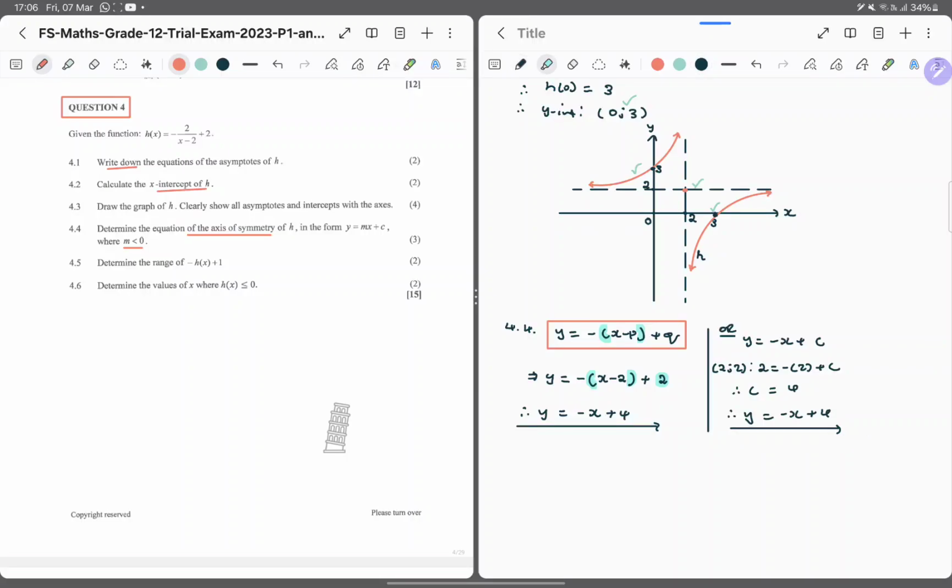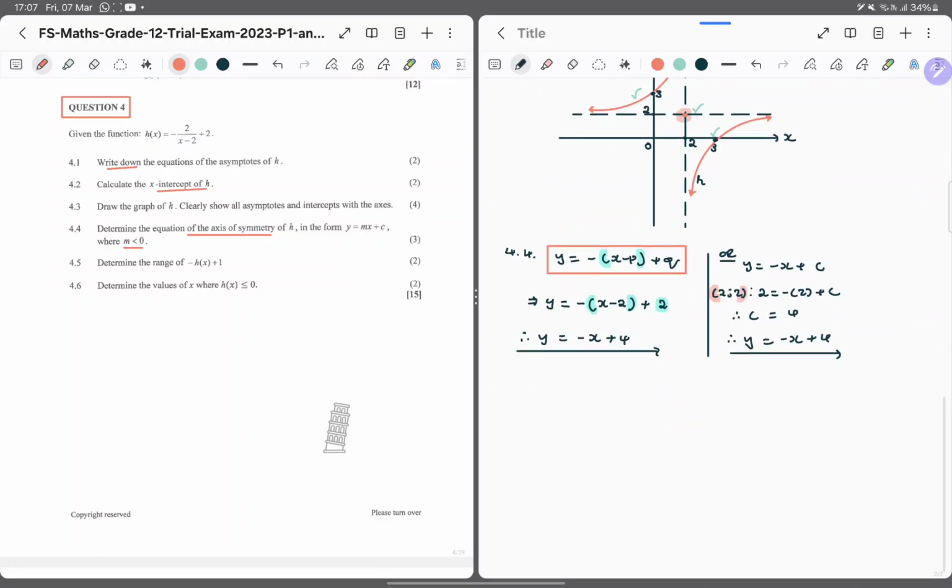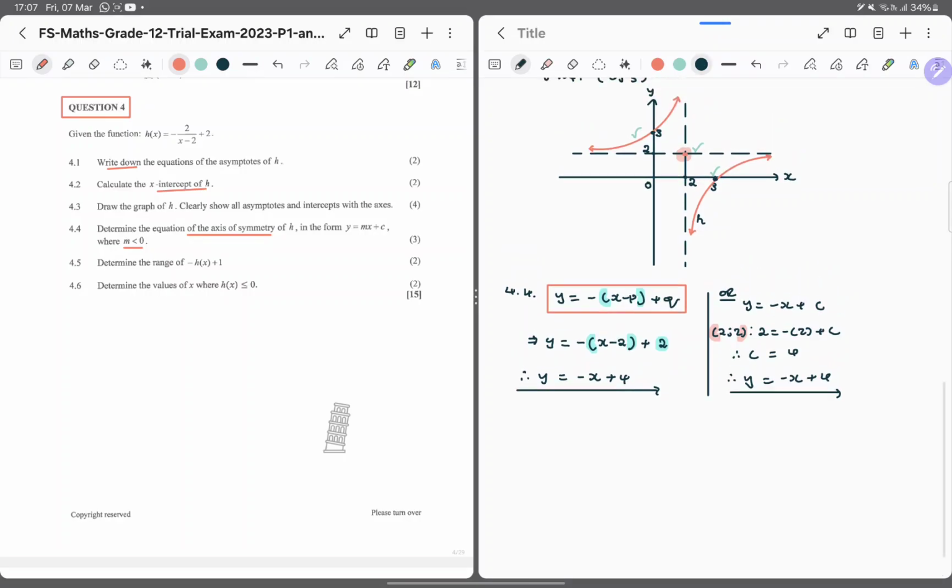What you need to know is that this point is the center of our hyperbola. The center is always the intersection of the asymptotes. Please remember that. Okay, good. Now let's have a look at other things.